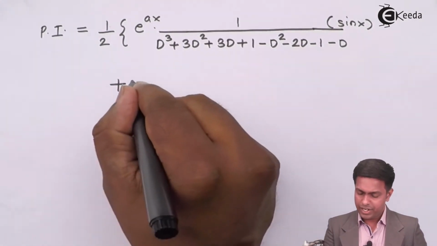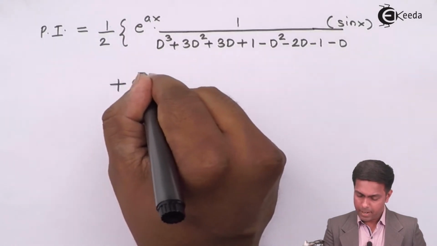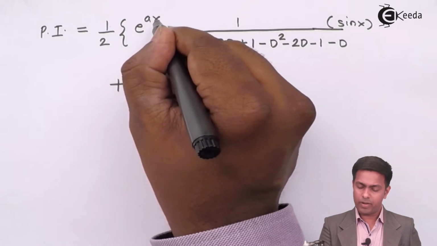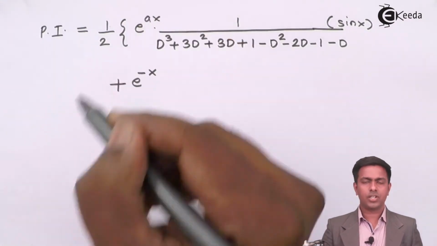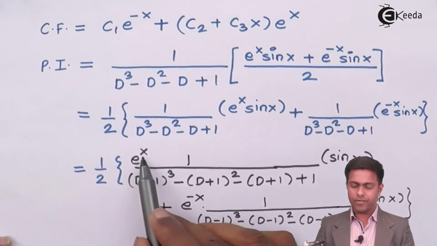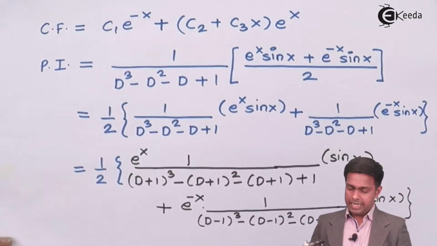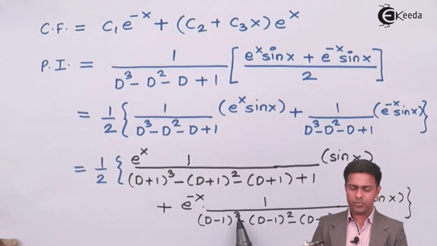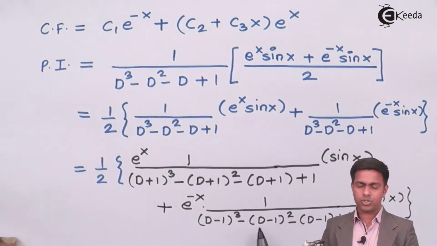Plus e to the power minus x. So guys, here we have only e to the power x, so 1x we can say, as it is given in the question. Next, I'll expand this. So I'll use the formula of d minus 1 the whole cube and d minus 1 the whole square over here.